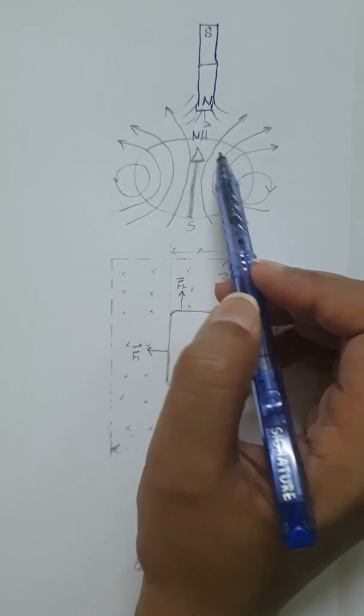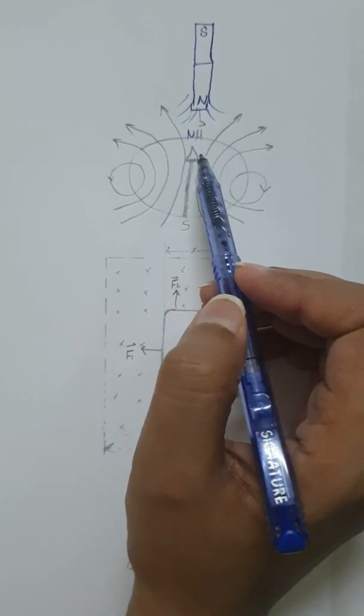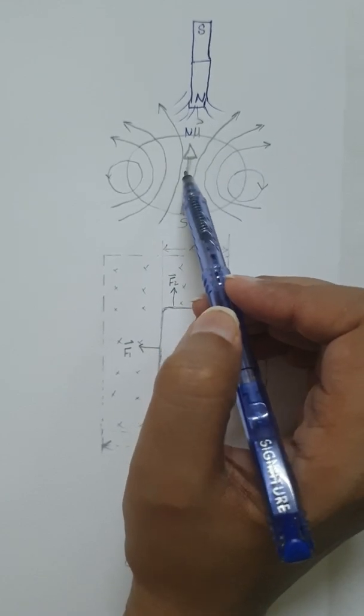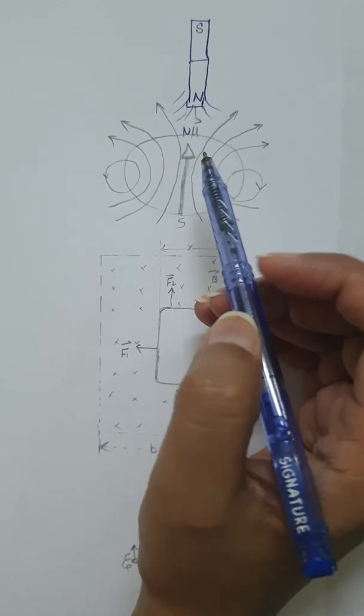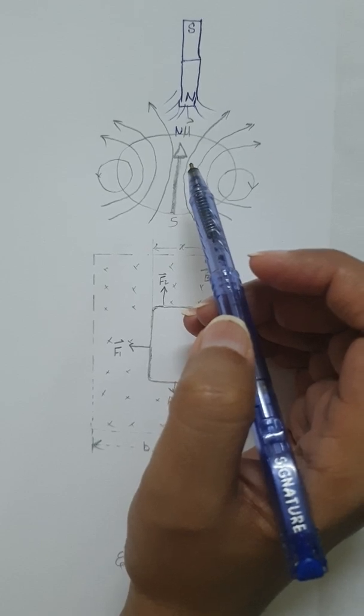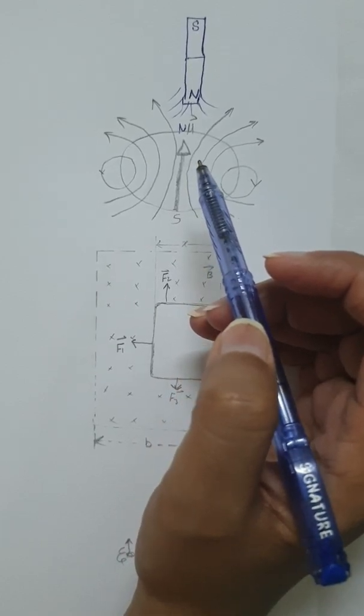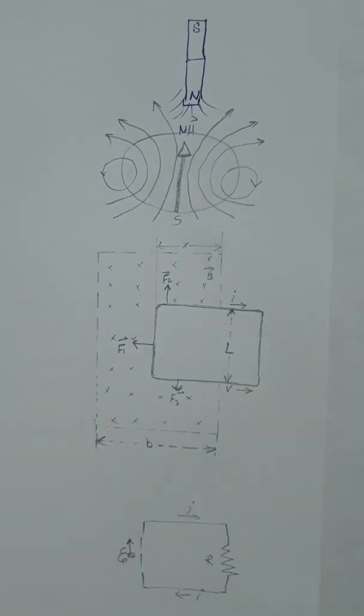Then the flux of the induced B must now be downward inside the loop to oppose that decrease, and in such a condition the induced B and B are in the same direction.